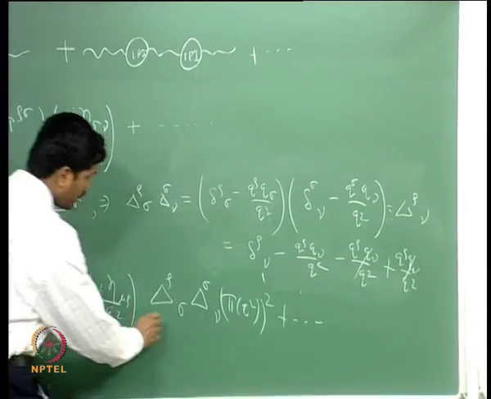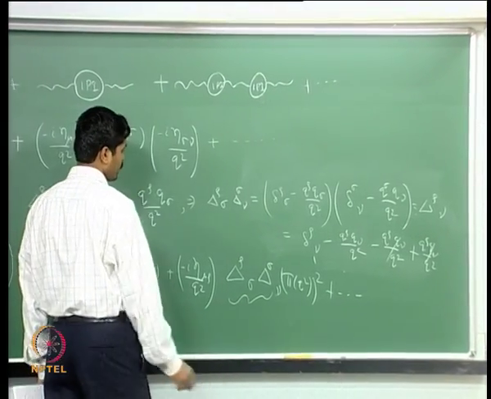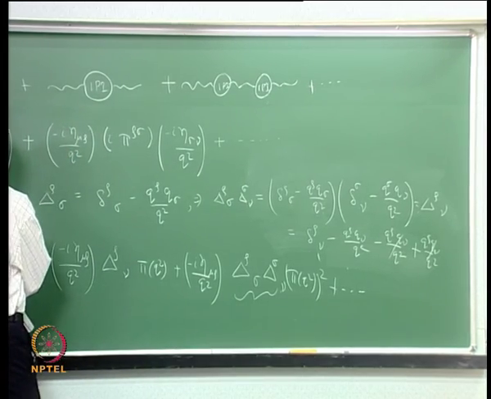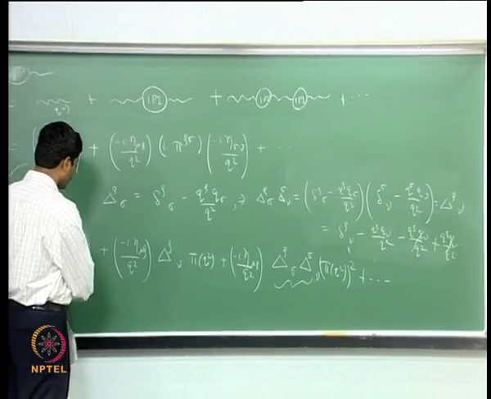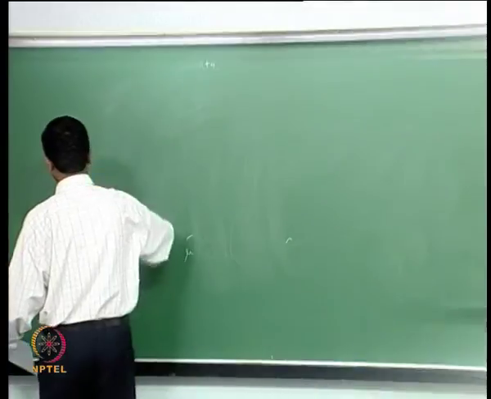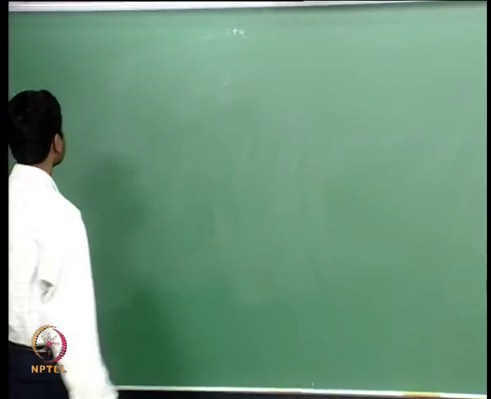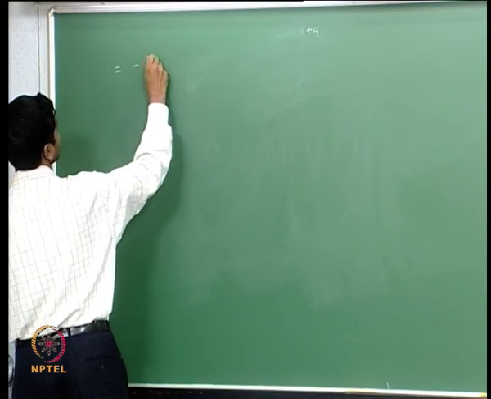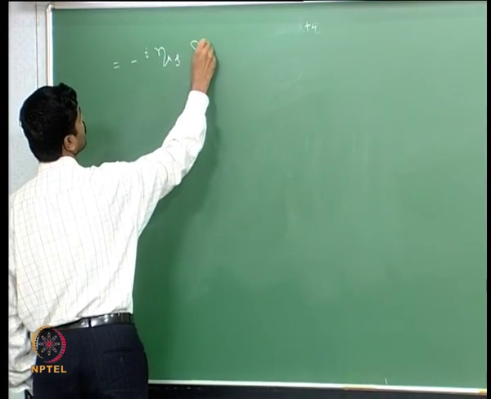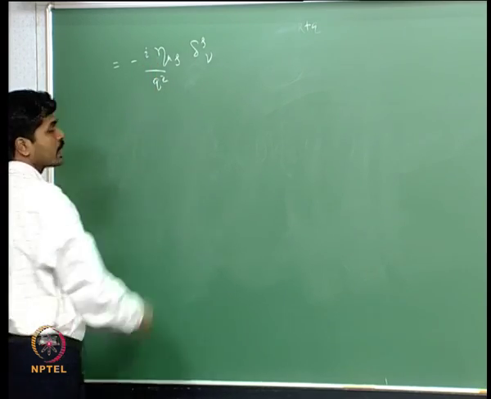So, this quantity here is simply delta of rho nu, and that will keep continuing. So, what we can do is that we have a common factor I eta mu rho over q square, so I can write the first term as minus I eta mu rho delta of rho nu over q square, then I eta mu rho is there in all terms.